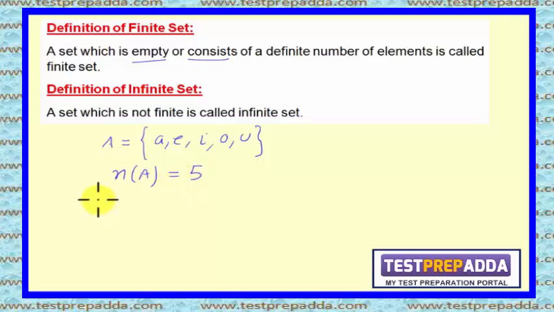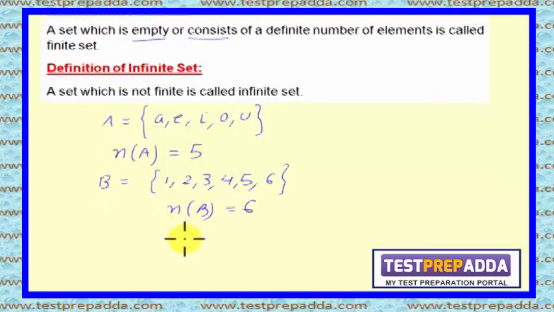If I take another set B, 1, 2, 3, 4, 5, 6, how many elements are there in this set? 6 elements, so the cardinality of the set is 6.